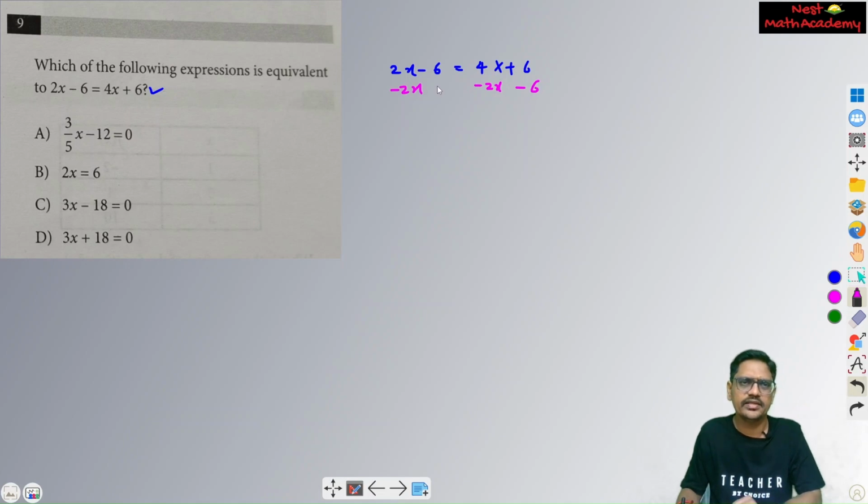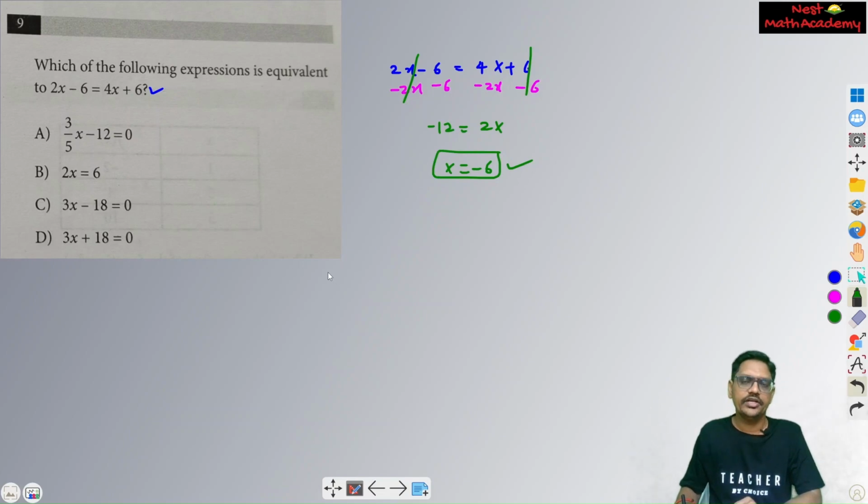Both are okay. So I'll subtract 6. 2x cancels and 6 cancels. So I'm getting negative 12 is equal to 2x, which is 4x minus 2x. Dividing by 2, I'm getting x is equal to negative 6.